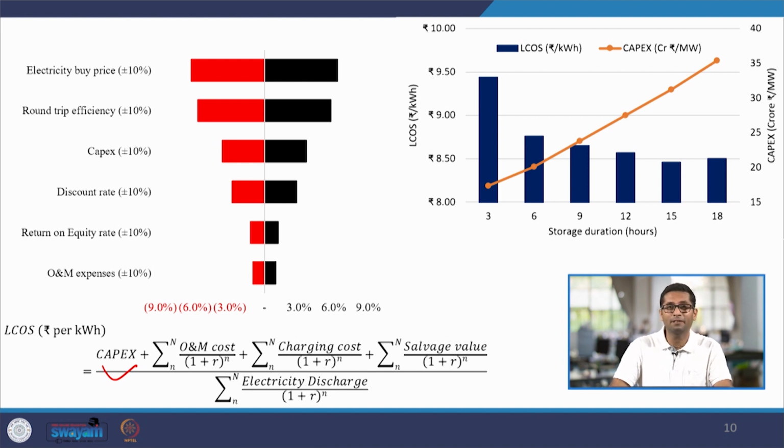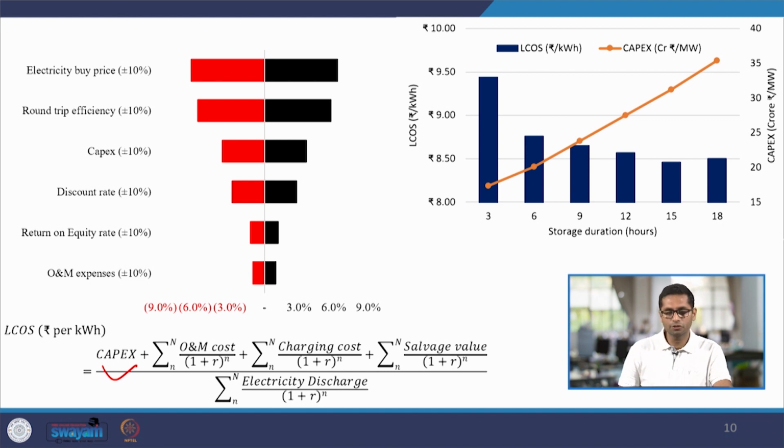In this case we have taken a pretty efficient system of more than 80% efficiency, but that also affects the overall levelized cost of storage, as do the capex, the discount rate that we assume, the return on equity, and O&M expenses. Normally you would want to understand these parameters to make out which are the factors that would drastically affect the LCOS. Something similar you can do with other storage capacities as well.